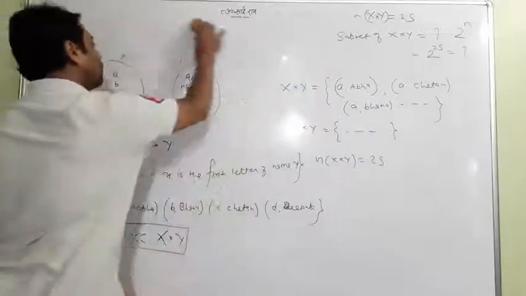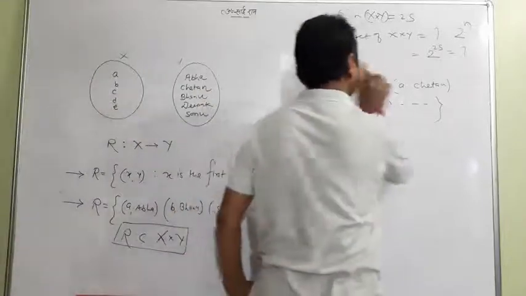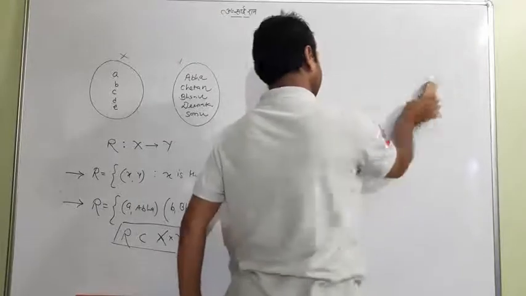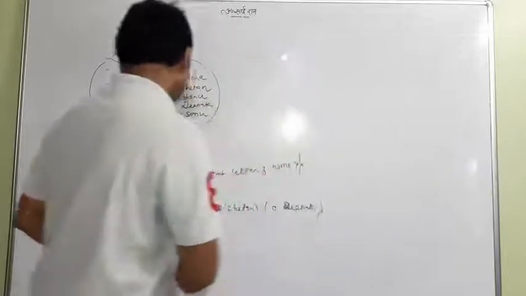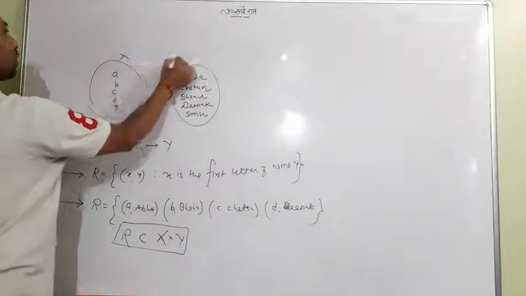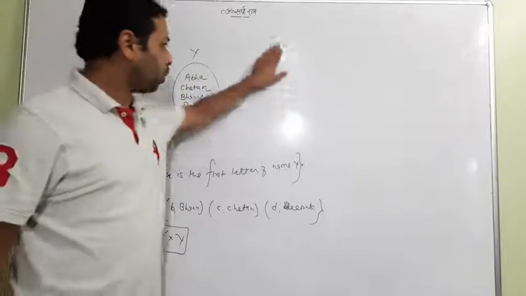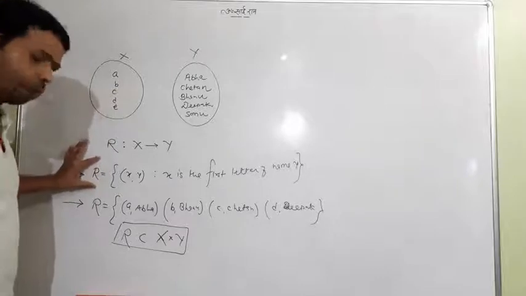Hope you have got a little bit. Let me explain something on this board, because I don't want to rub it out, and I want to teach you with this particular diagram. Look, this is x, this is y, two sets, and you have got the relation now in roster form. This is set builder form.